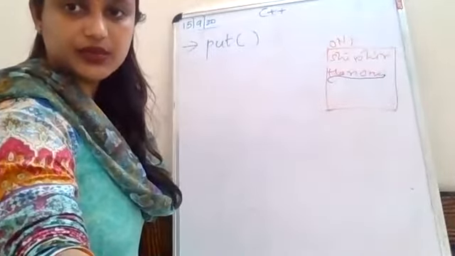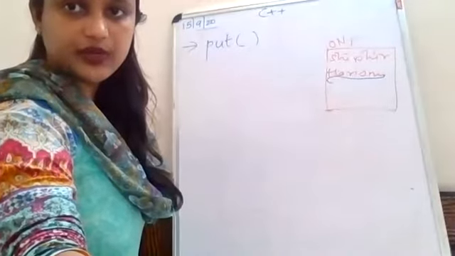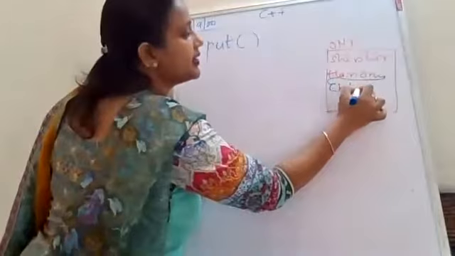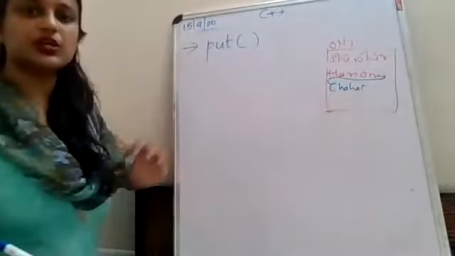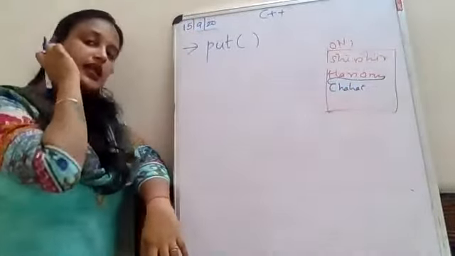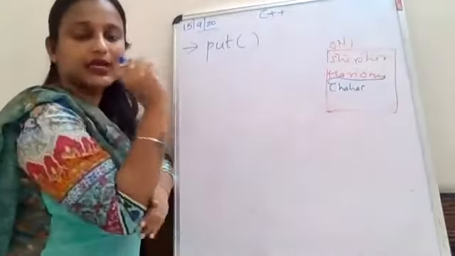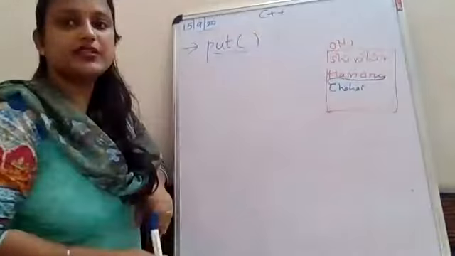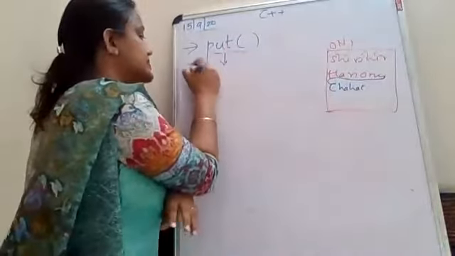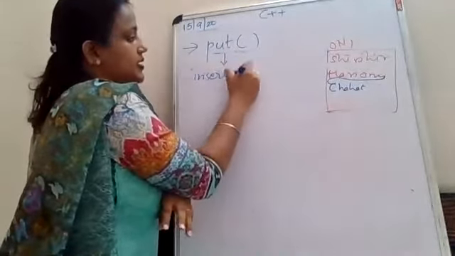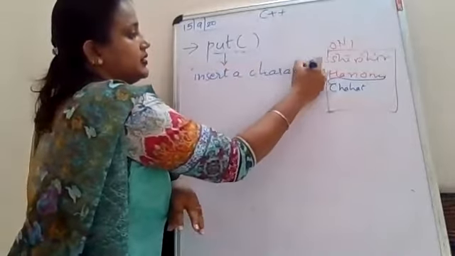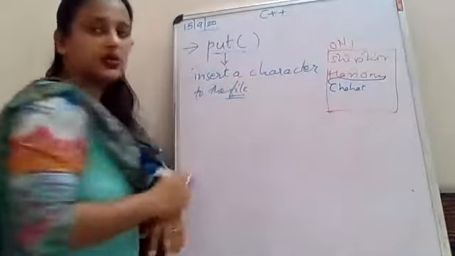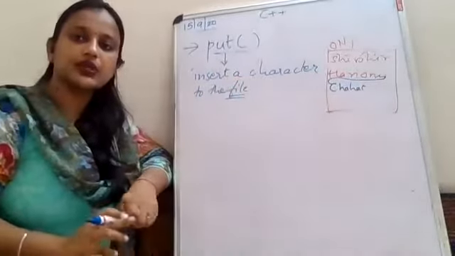I want to add Chahat Gupta here. So I have to enter each character. Put is a method which is used to insert a character to the file.